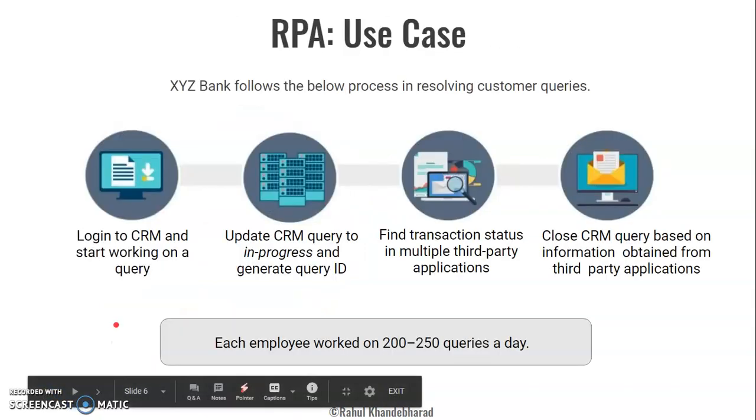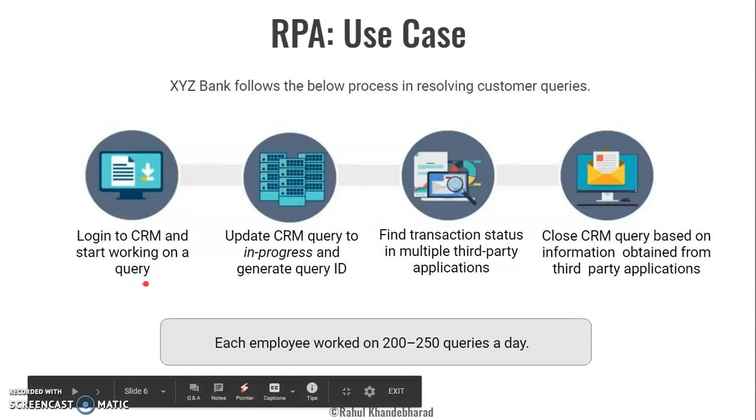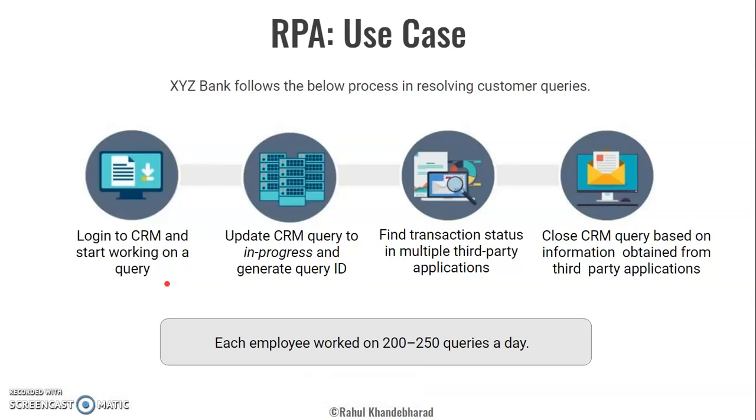Then let us see some of the use cases of RPA. Let us take an example: there is a bank named XYZ, and it has to solve customer queries. So there is an executive. The process the executive follows for solving the queries is that he will log into the CRM and start working on the query. Then he will update the query to in process and generate a query ID that will be given to you.